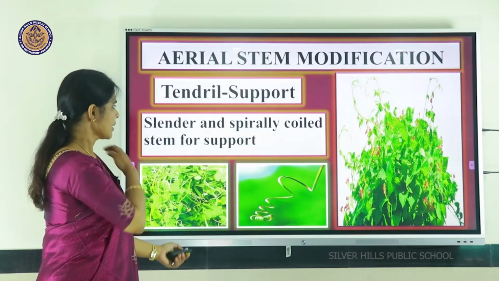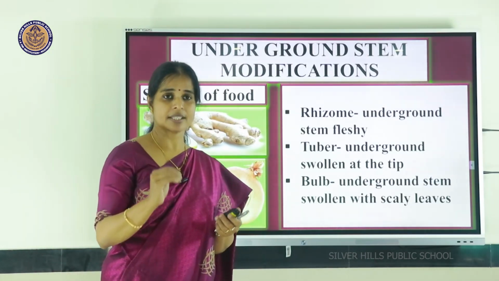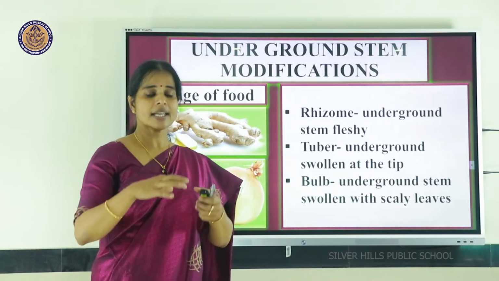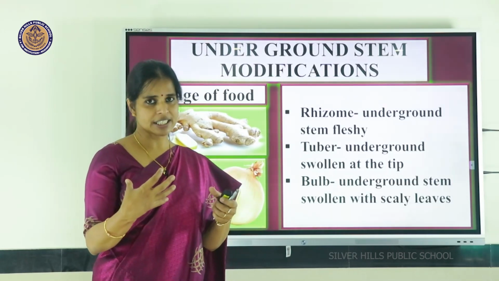So, this way 3 modifications could be seen for the underground stem, that is the stem is growing underground as a modification, and sometimes it grows horizontally and it stores all the food in it.